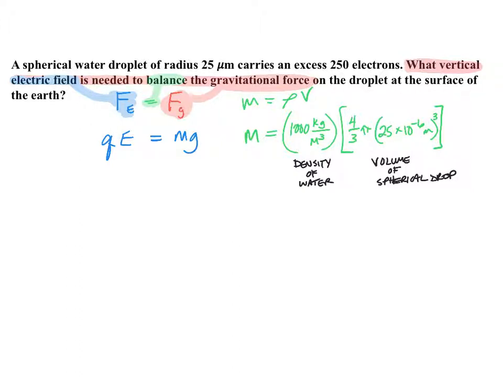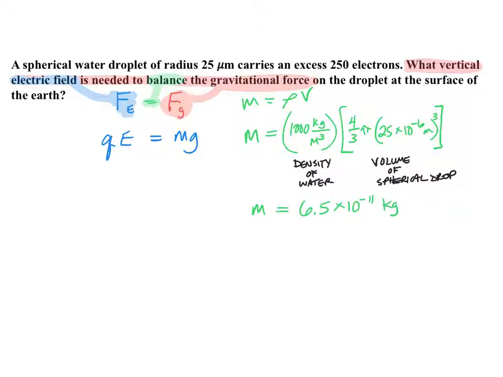So if we compute that, let's see, what does that crunch out to be? 6.5 times 10 to the minus 11th kilograms.